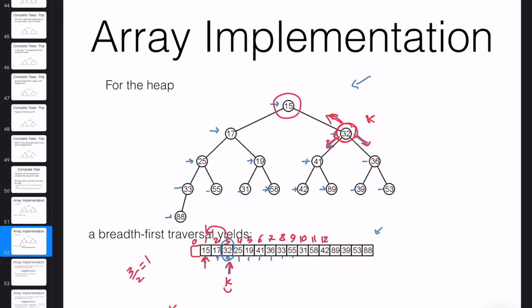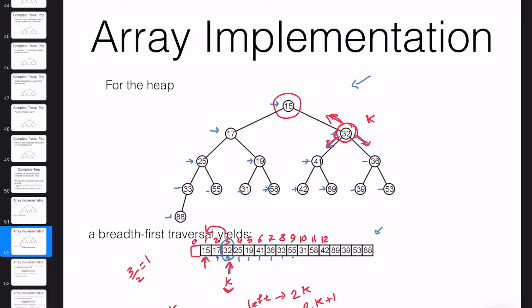And what are going to be the indexes for the left child and the right child? For the left child, the formula is going to be 2k. So if the value has been stored at index k, the left child is going to be stored at index 2k, and the right child at index 2k plus 1.